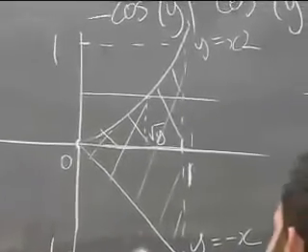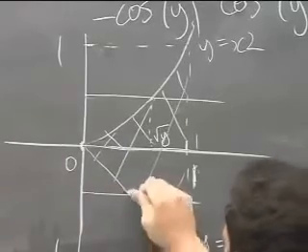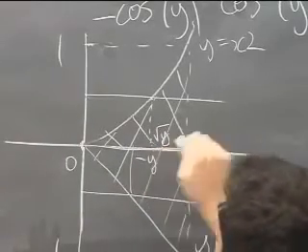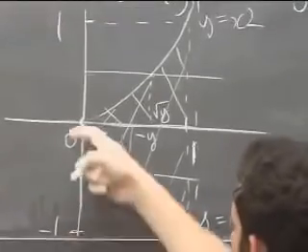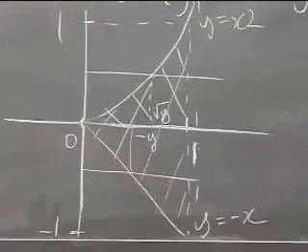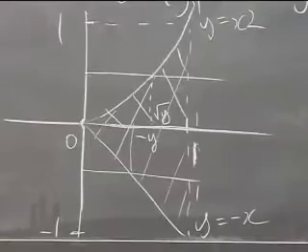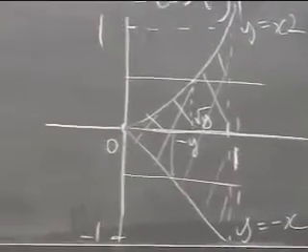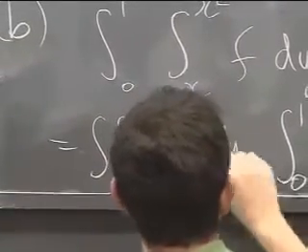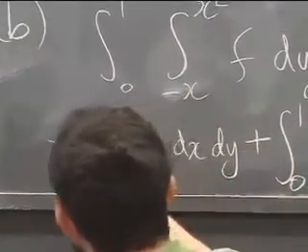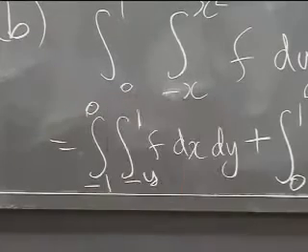The lower half is different. Here the x value is minus y, because y equals minus x, up to 1. So actually when you're between minus 1 and 0, you've got to go from minus y up to 1. And that has y range between minus 1 and 0.